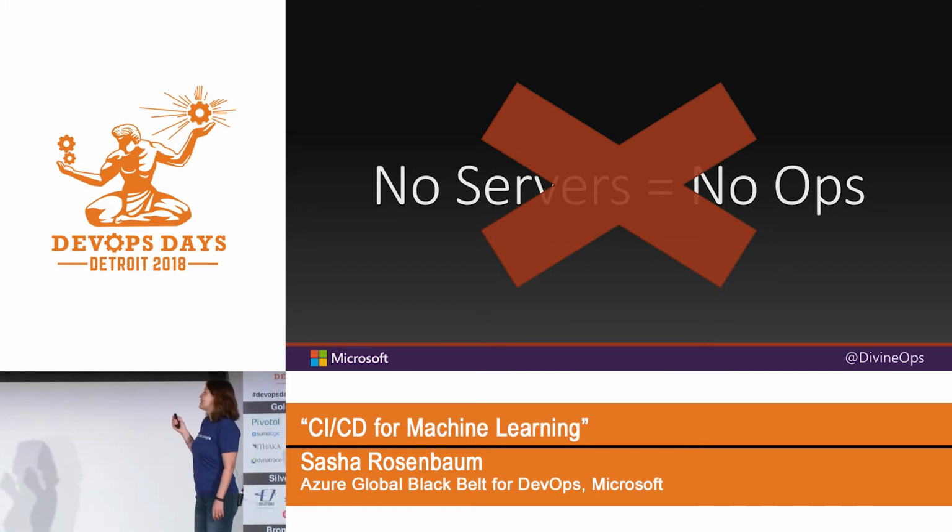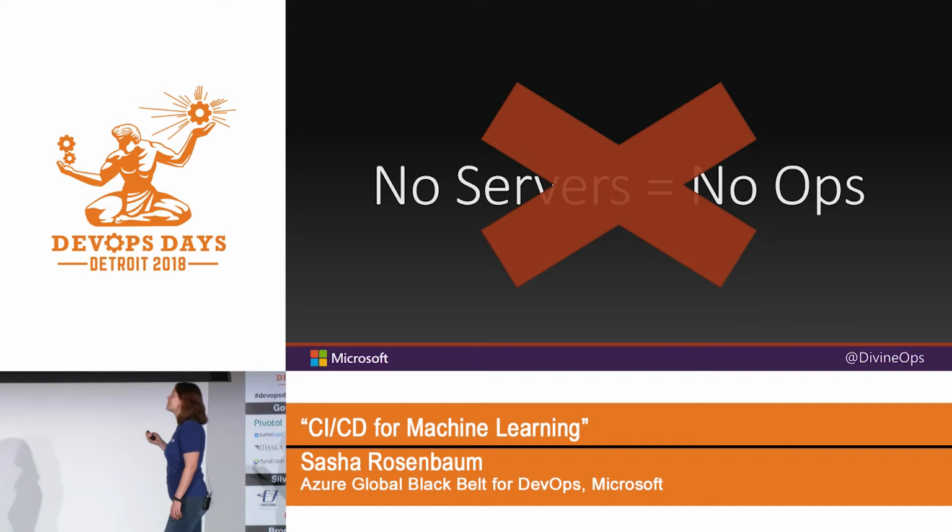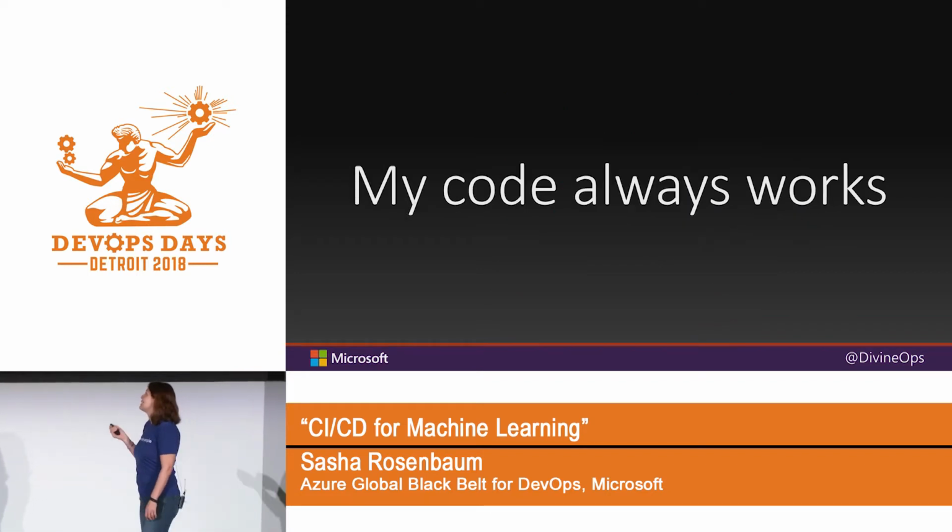So basically, the reason we need DevOps is that I definitely have no problems in this space, because my code always works. When I write my code, it works from the first try. I don't need unit tests, I don't need source control, I'm just perfect from the very beginning. Not only that, I anticipate all the changes that my clients will ask me to make a year from now, and I put them in the first version.